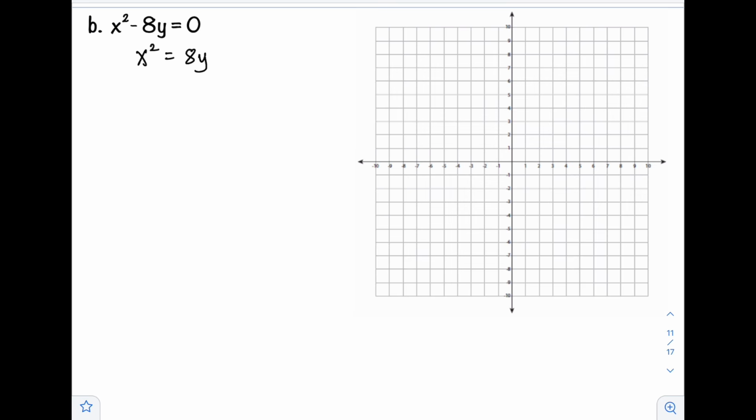Okay, so nilipat lang natin yung ating negative 8y from left side to right side. So next is, kung mapapansin nyo, yung ating equation is nakapatterned naman kay x squared equals 4py.